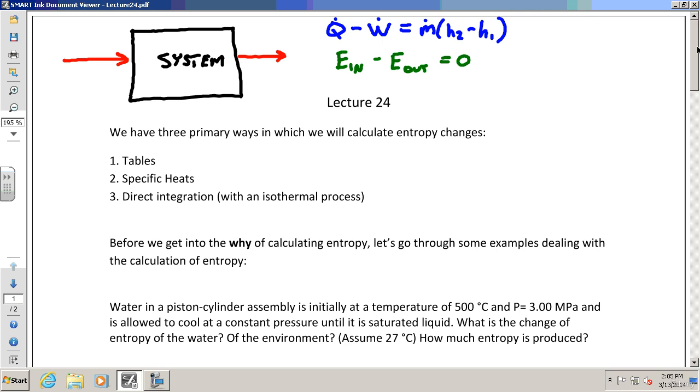Now, the example on your homework due last night with that water tank was not a steady state system because that water tank cooled down. Its properties changed, so the equation I just wrote in green doesn't exactly apply to that problem. In that case, it would be energy in minus energy out equals the change of energy of the tank.